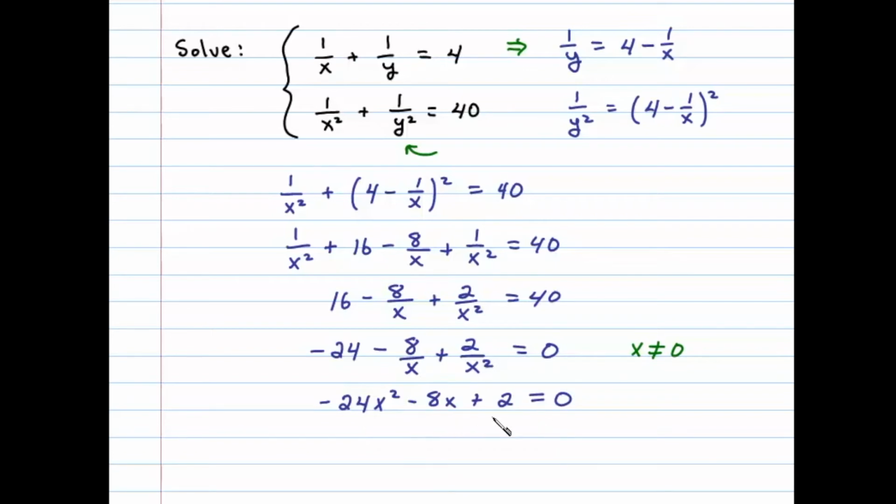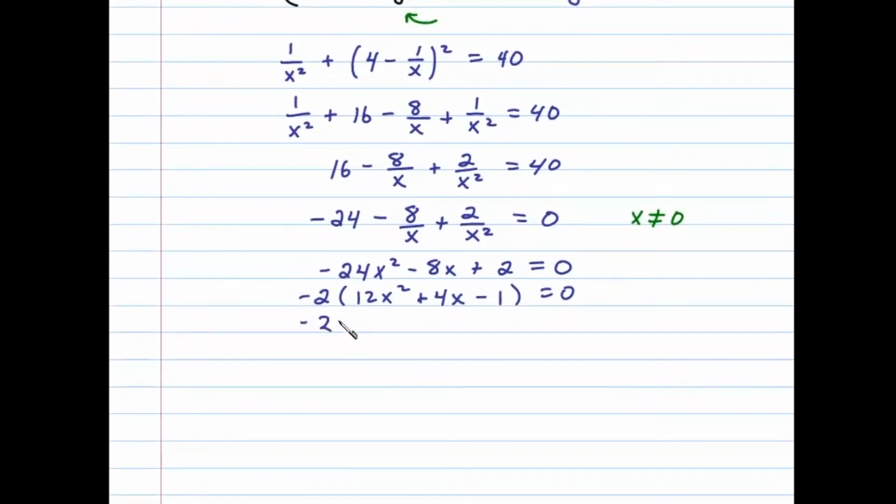Notice there's a GCF of 2. Let's go ahead and factor out a negative 2 here. That'll leave us with 12x squared plus 4x minus 1. And then the resulting trinomial here factors.